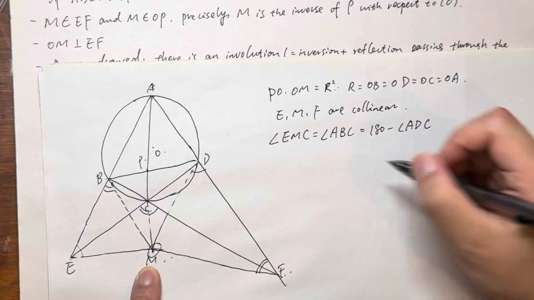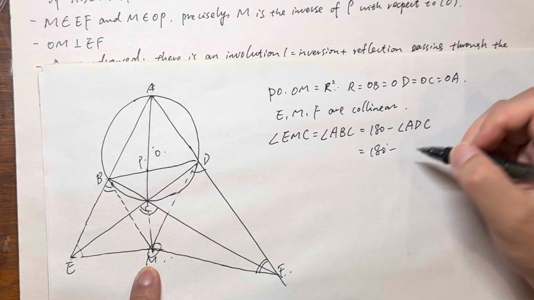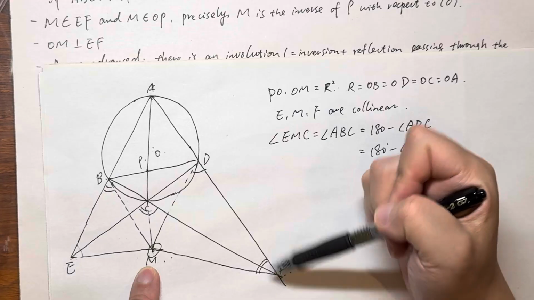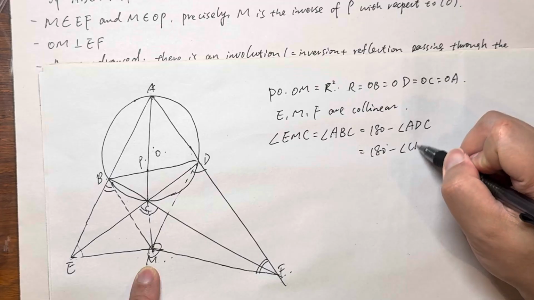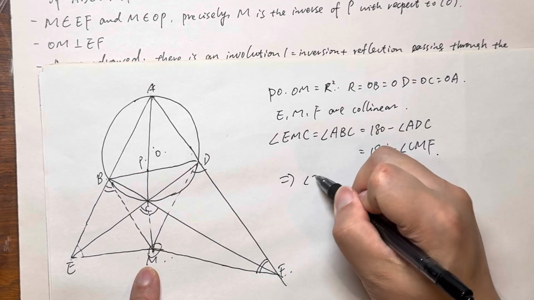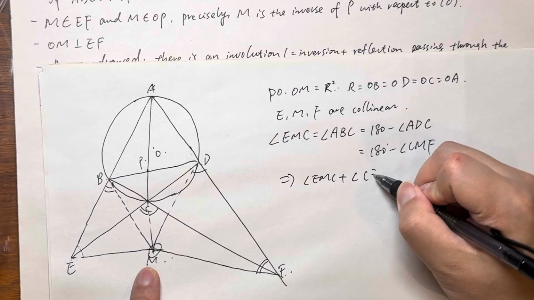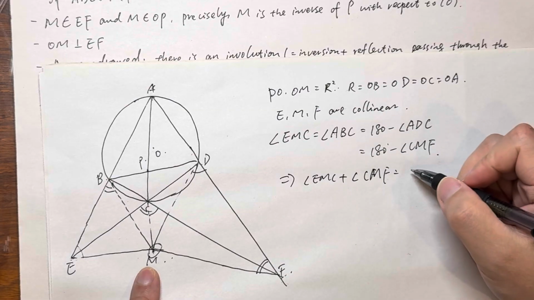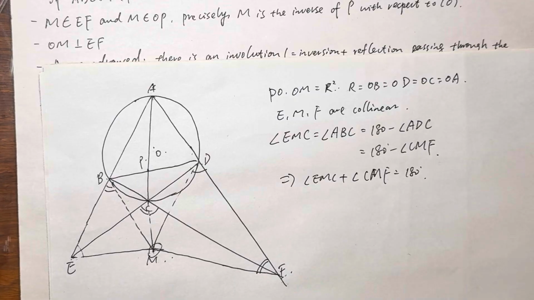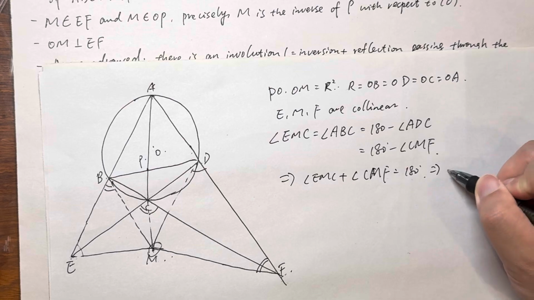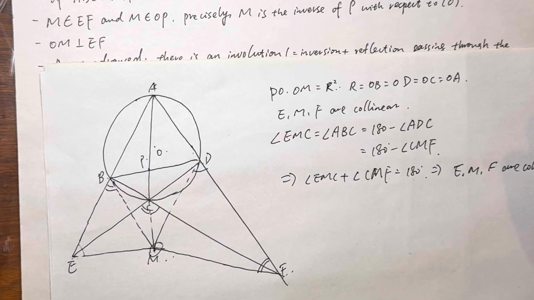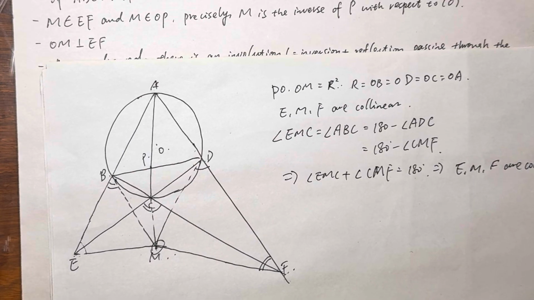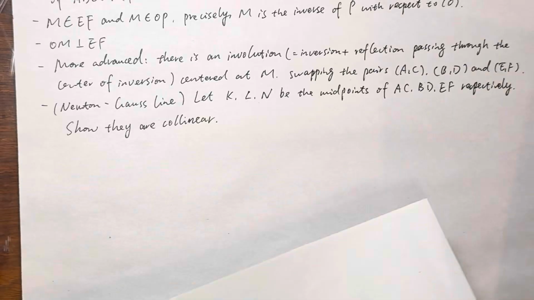And because CMFD are cyclic, angle ADC equals angle CMF, which means angle EMC plus angle CMF equals 180 degrees, right? Angle EMC plus angle CMF equals 180 degrees. That means E, M, F are collinear.